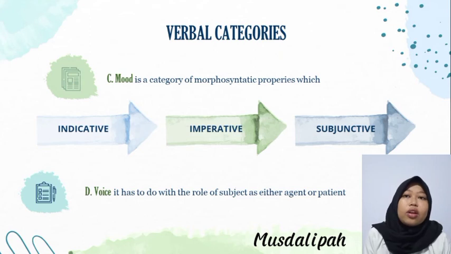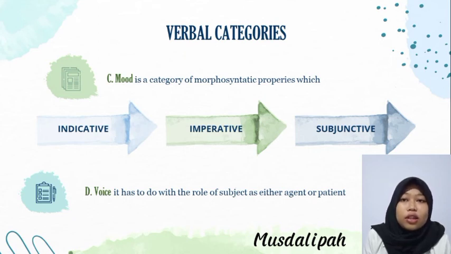In mood, there are three parts. Namely, the first is indicative. Indicative is the form of the verb used in declaratives or questions. The second is imperative. Imperative is the form of the verb used in imperative sentences, with no tense used.